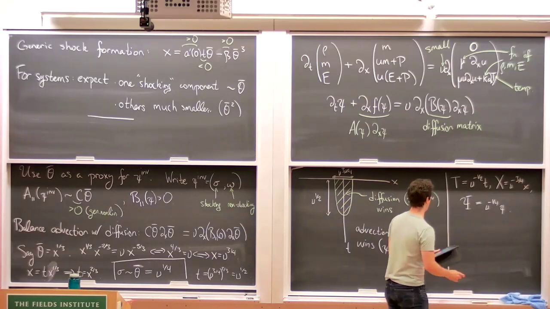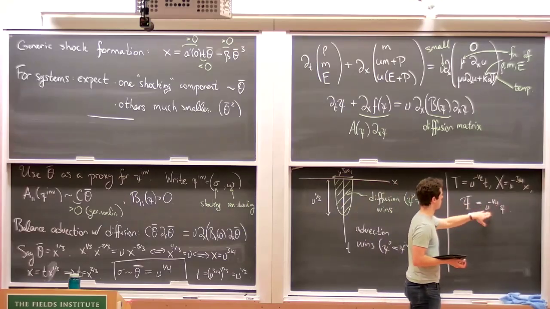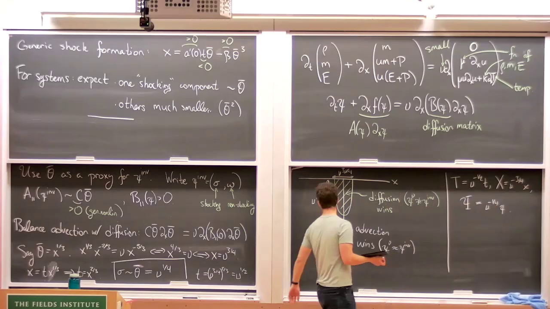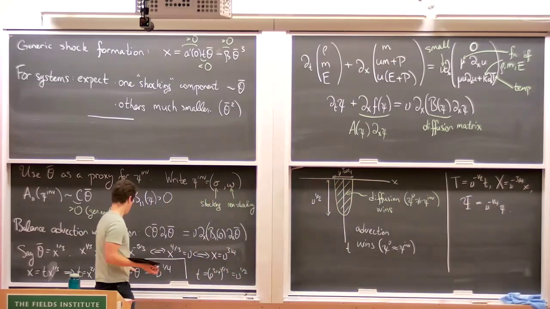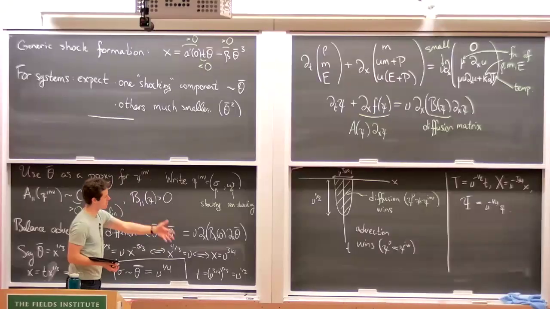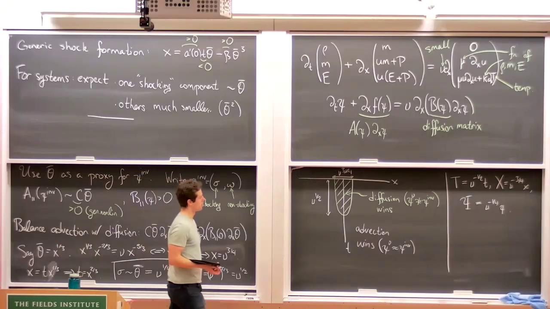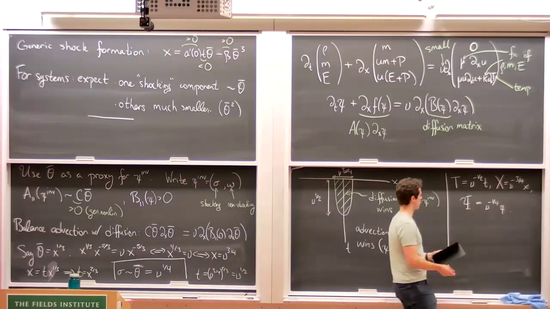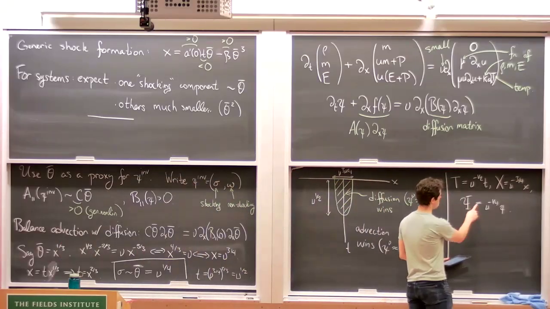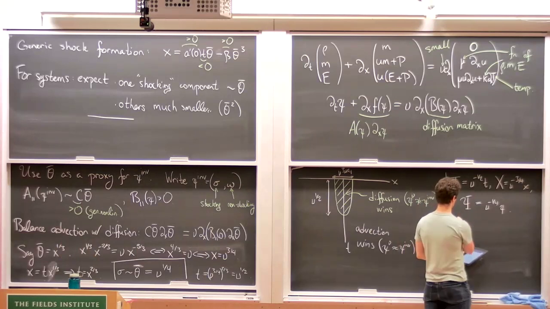And one thing to point out is that when I make this rescaling, when I blow up psi by a factor of nu to the 1/4, I'll pick out the shocking component, but the non-shocking one is going to go to 0 under that scaling because it's even smaller. So I should expect this psi at leading order to be dominated just by its shocking component. So I'll also introduce a bit of notation for that.